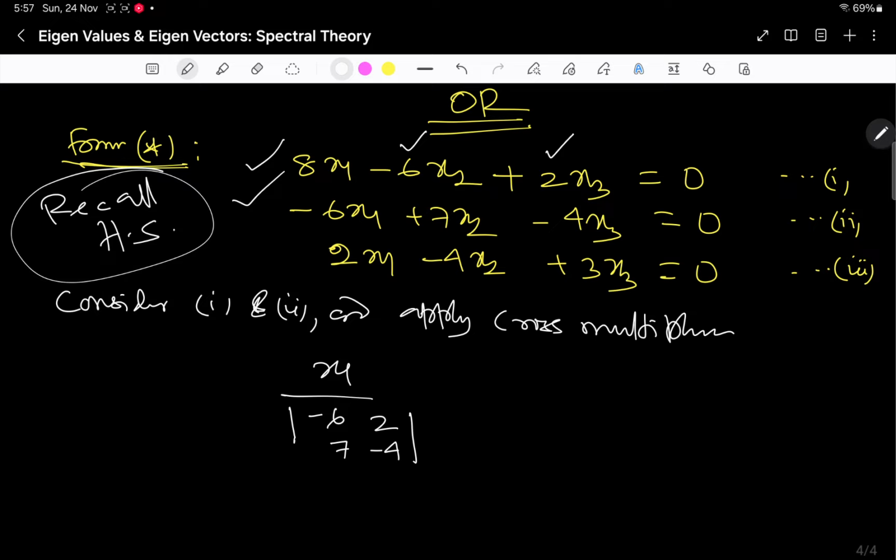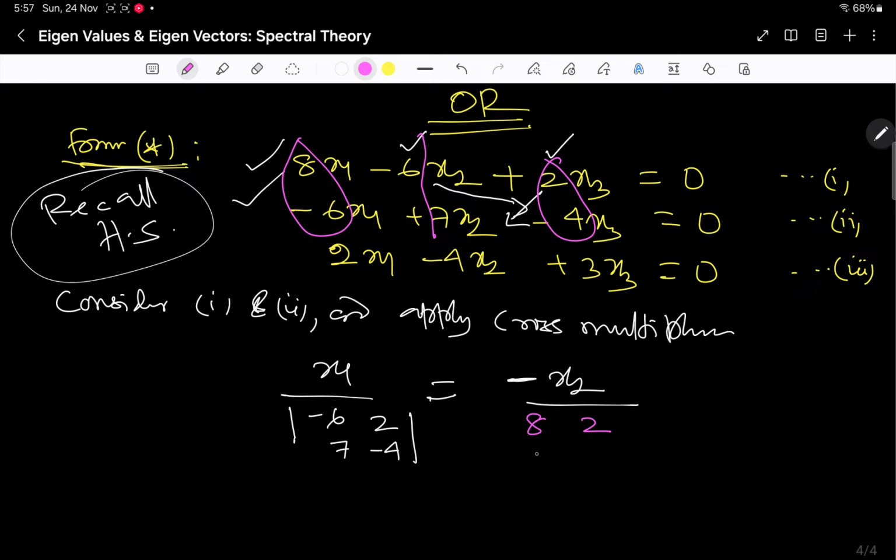That means x1 divided by this: we are taking this into this minus this into this. And for the middle one, it is always negative. It is minus x2 divided by, okay? Note that the middle one is always negative. So x2 divided by this row, we do not consider this row. We consider this and this, it is 8, 2, minus 6 and minus 4.